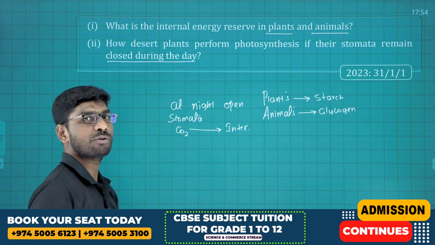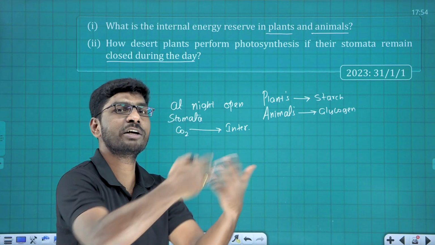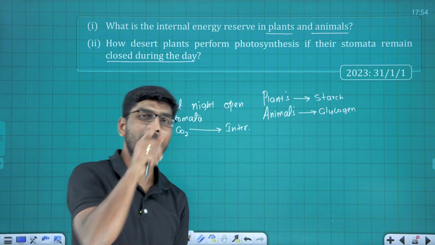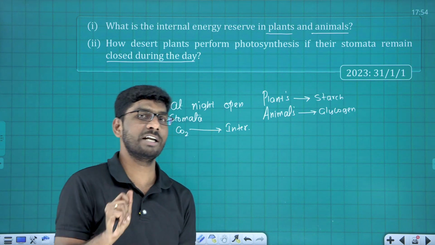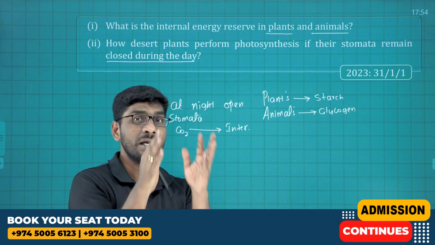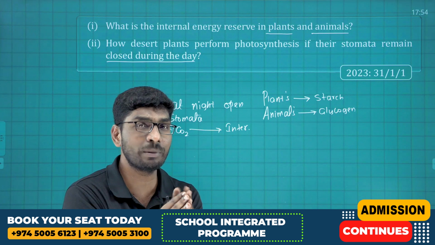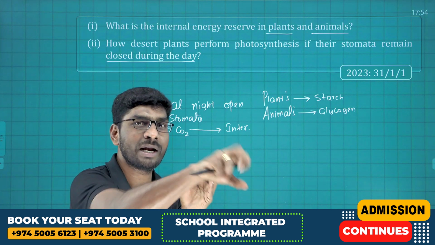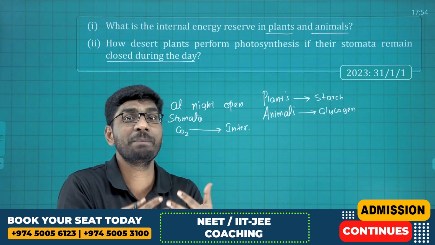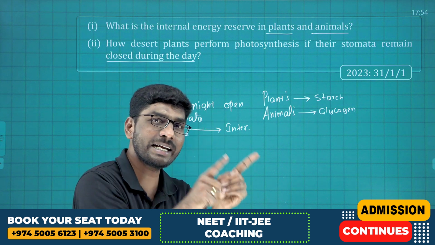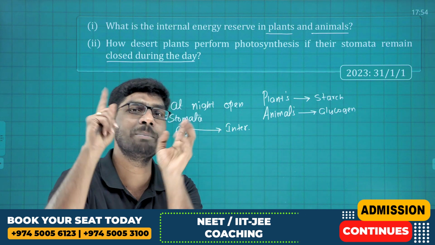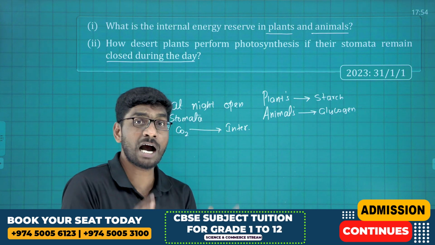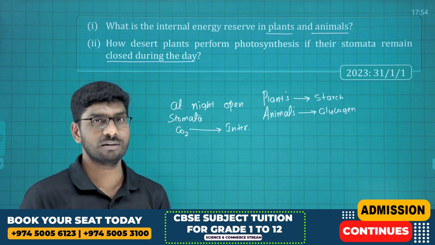This intermediate component during the daytime is converted into glucose. You come to know this mechanism in 11th grade. But remember, in the daytime the stomata remain closed, at nighttime they are open, carbon dioxide is taken in and they prepare an intermediate component. In daytime, through this intermediate component, they prepare glucose. That's how desert plants can do photosynthesis.